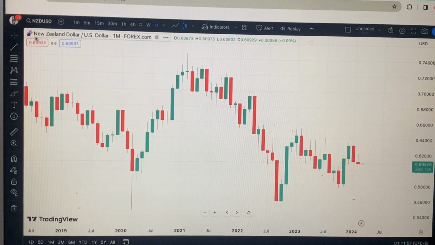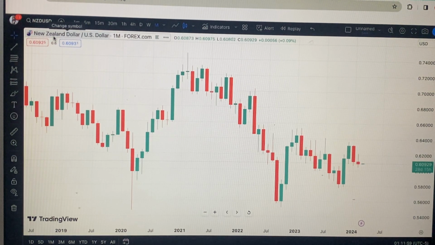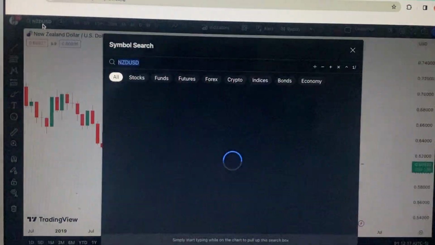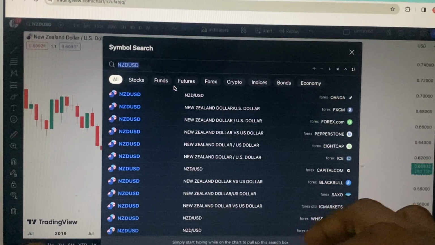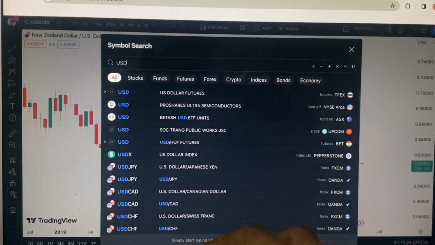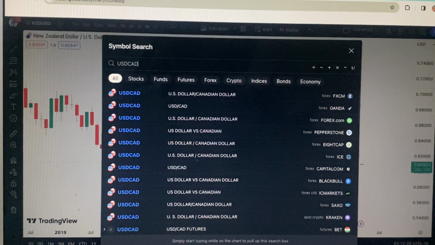This is New Zealand US dollar, and we're on the 1 month time frame. See forex.com, the platform I'm using to trade. We have other currency pairs, like the US dollar against the Canadian dollar, USDCAD.